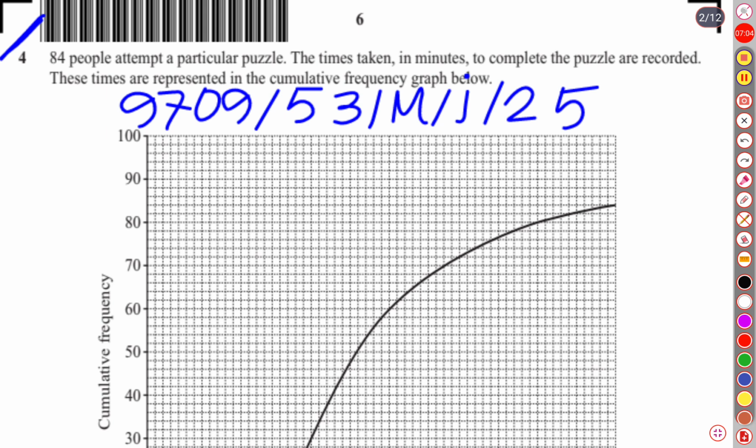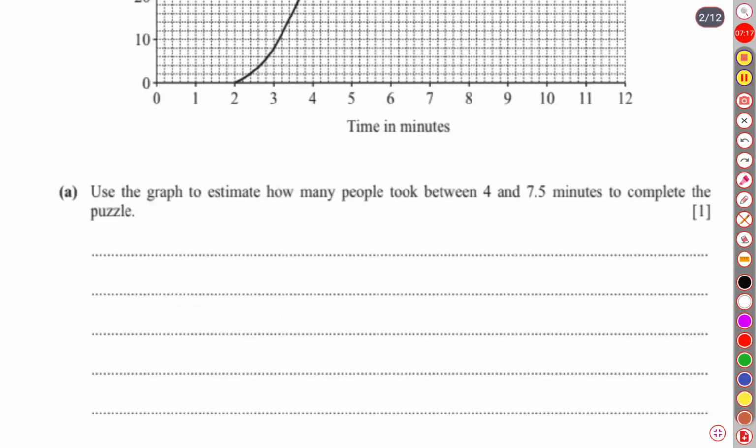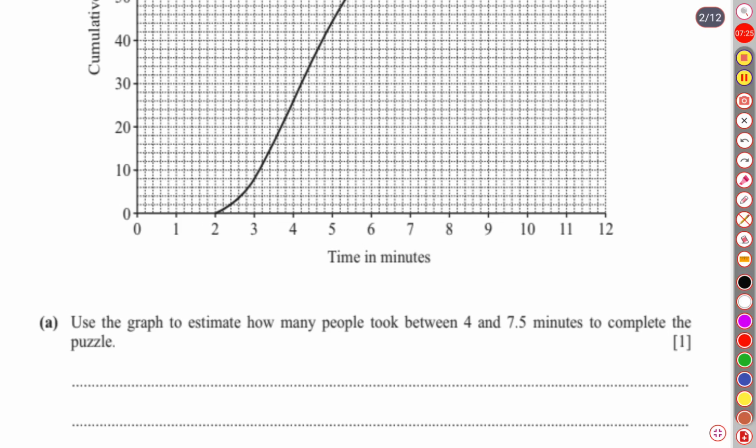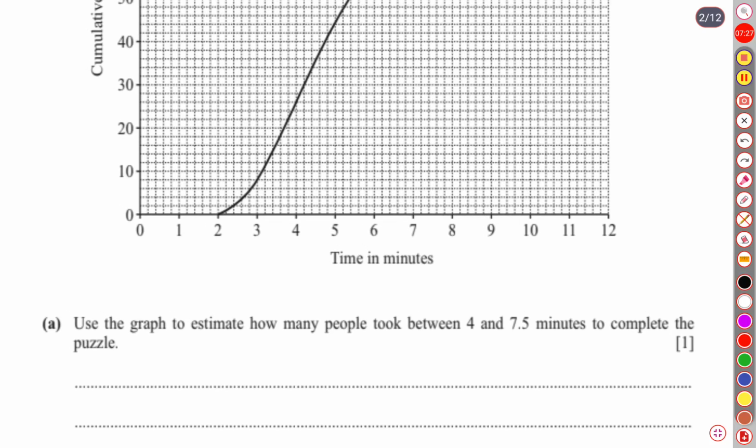These times are represented in the cumulative frequency graph below. Question A says use the graph to estimate how many people took between 4 and 7.5 minutes to complete the puzzle.